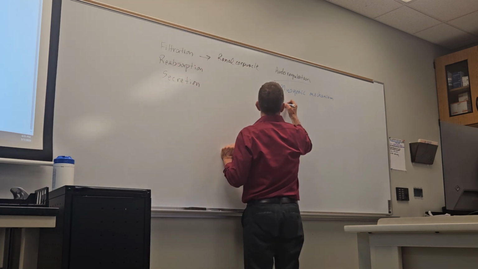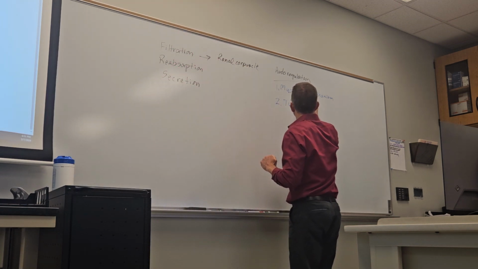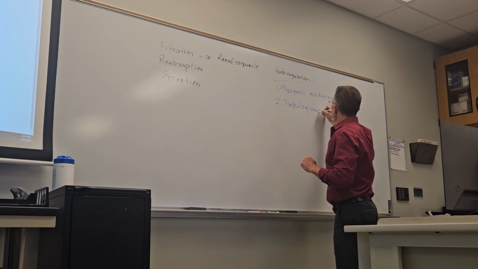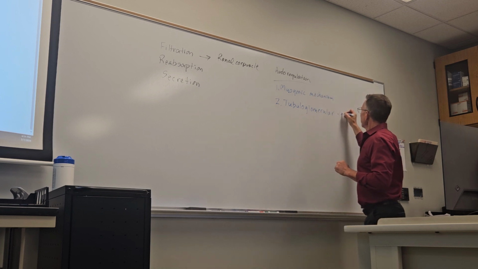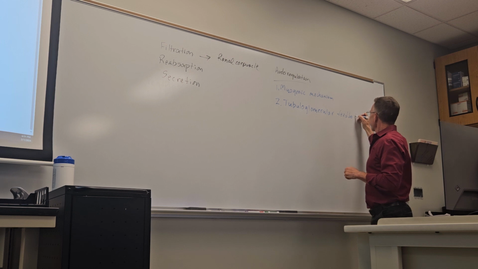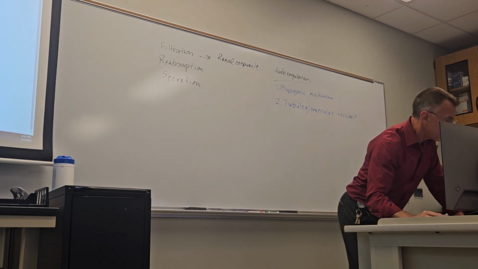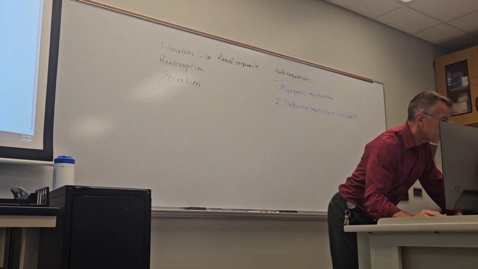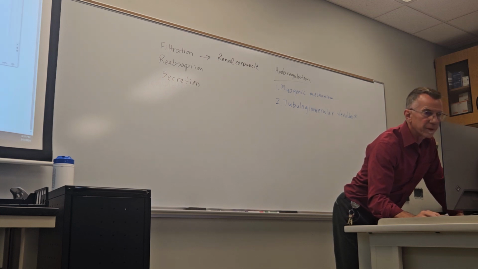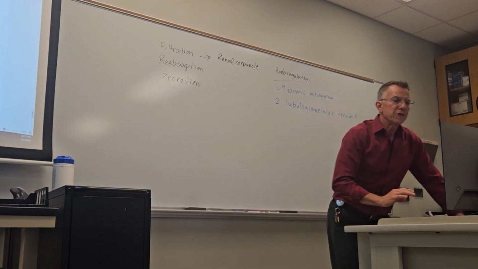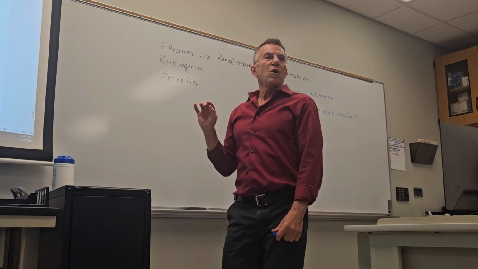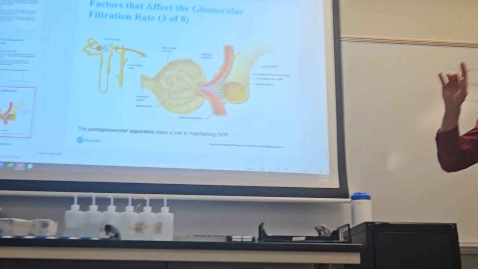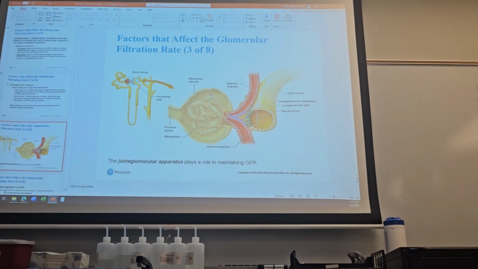The second one is called tubuloglomerular feedback. Okay, now for this one, I'm going to bring the picture up to help your explanation. What happens in this tubuloglomerular feedback mechanism if my blood pressure is too high?